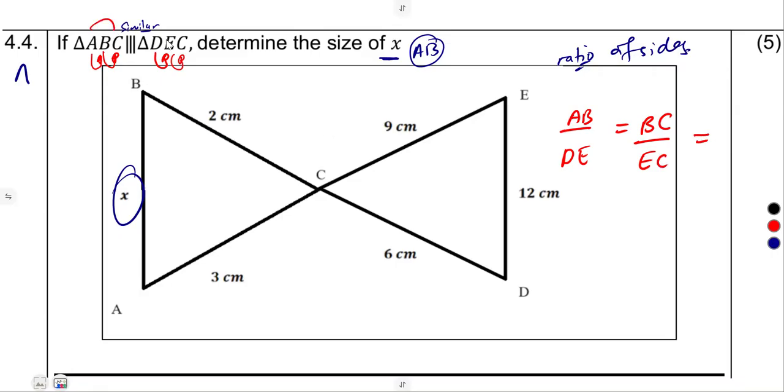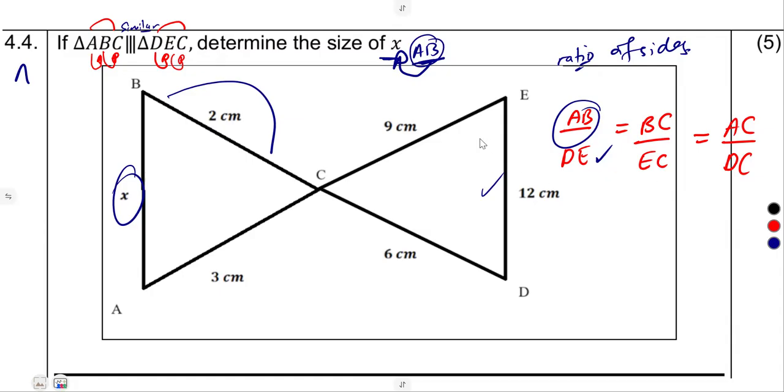This must be equal to AC over the corresponding side, DC. As we need to calculate AB, which is representing what? X. So AB there, over DE, we are given that DE. Do you have any ratio that is complete? BC, we have it.